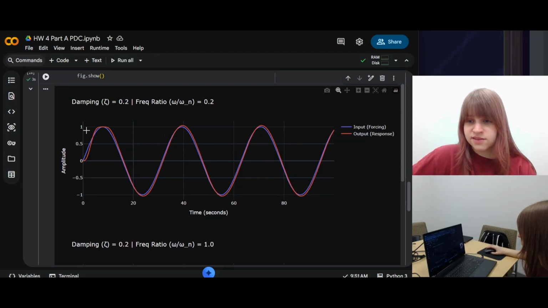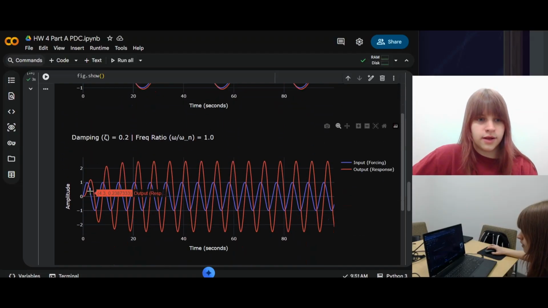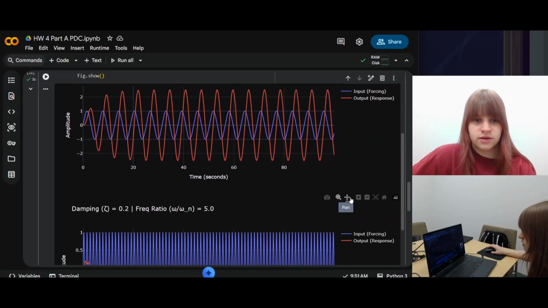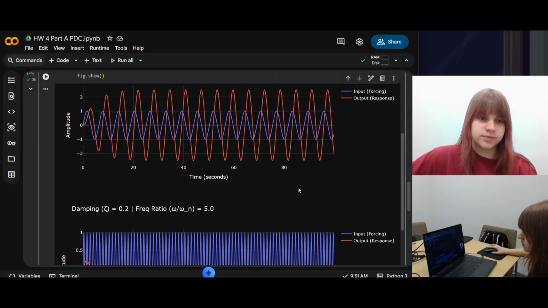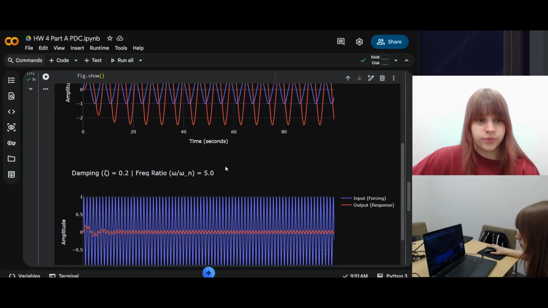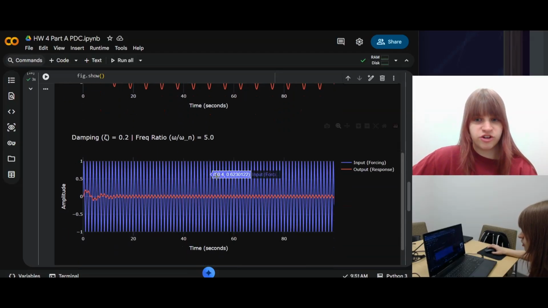Remember, the input is a sine wave, so it's oscillating between 1 and -1, which we can see here, but the output is much, much larger, more than 2 times. And then again, with still being underdamped, with the same damping zeta value, but with a high frequency ratio, our output is very, very small.